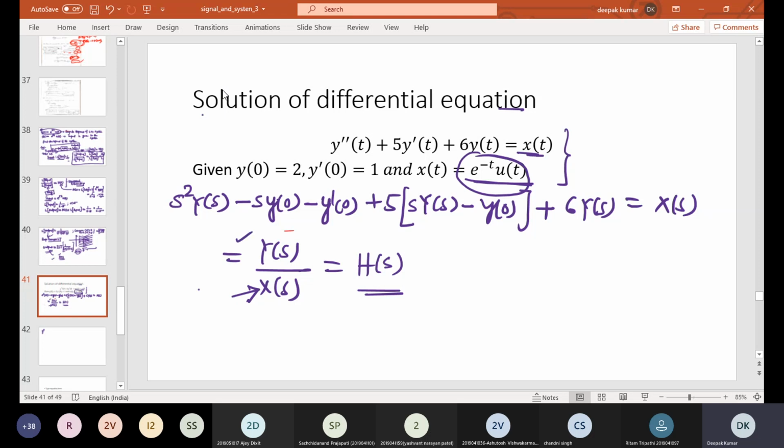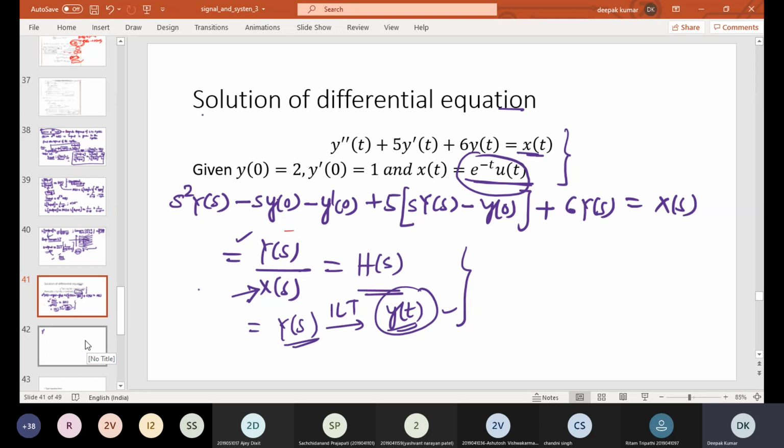The solution of this question will become in term of y of s only, and after taking the inverse Laplace transform, you will see the solution y of t. Basically, I missed some other input. That's why this is the problem. So only try to solve this question according to the given information only.